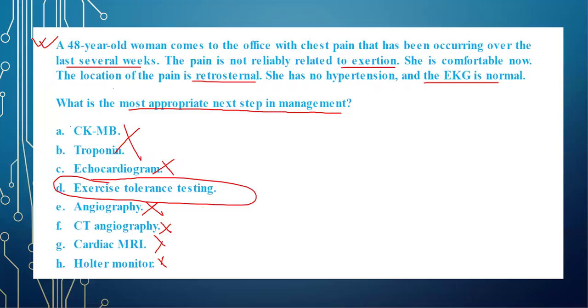Given that ECG is normal and this pain is occurring over several weeks, this is definitely not a case of acute myocardial infarction. So there is no role of doing a troponin in this patient. But what we can do is send this patient for a stress test and see if she is having any chest pain relating to exertion.